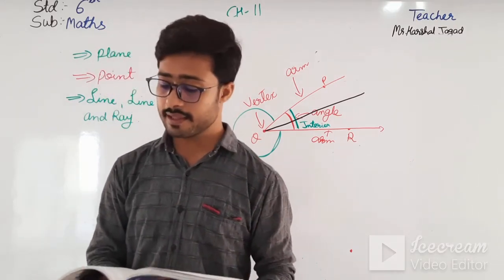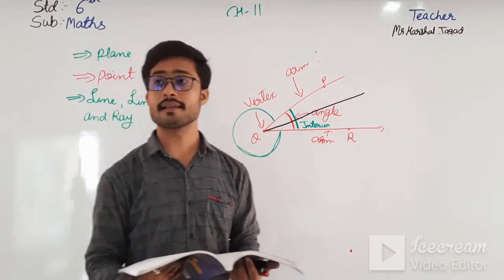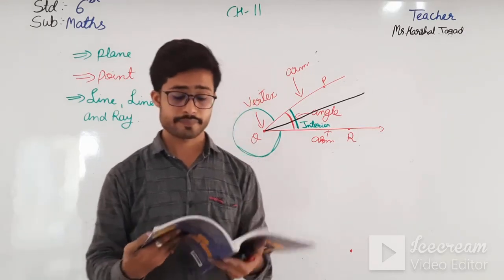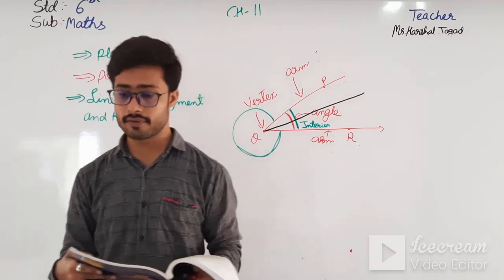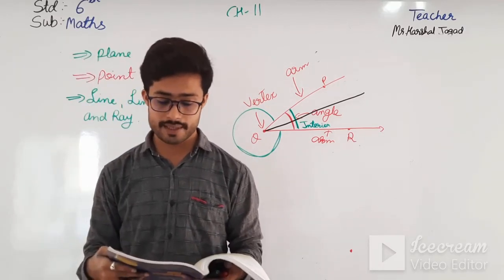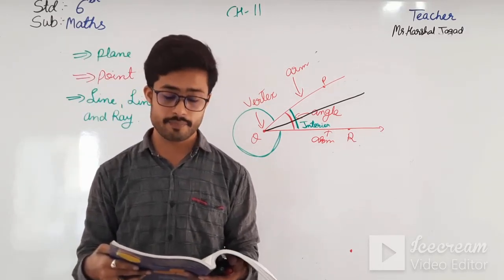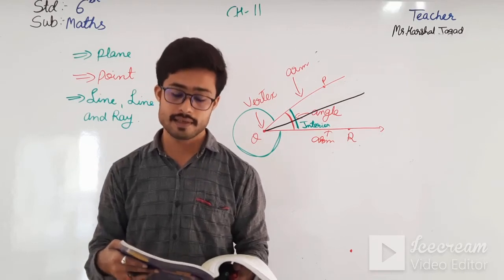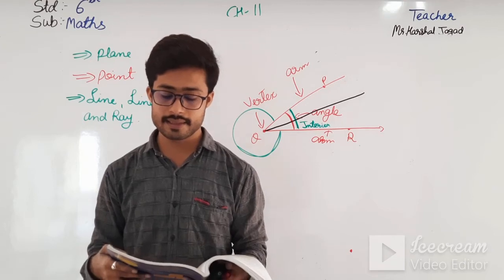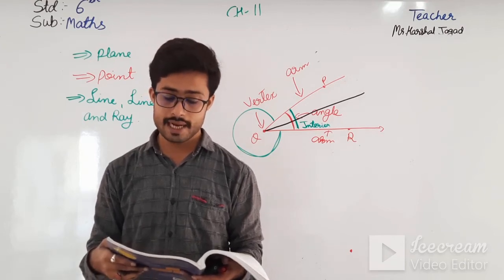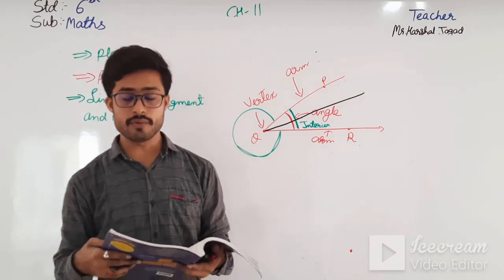Okay students, see here in exercise 11A, study the given figure and answer the following. Name the 3 points: here the 3 points are P, Q and R. Name the 3 line segments: PQ, QR and PR.